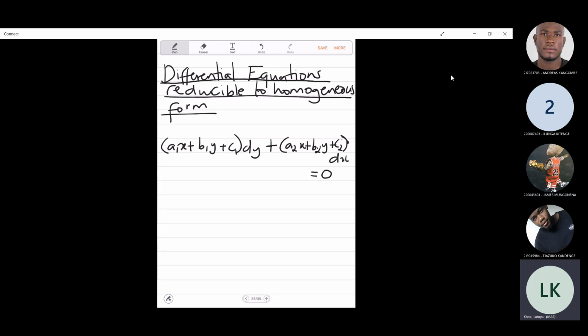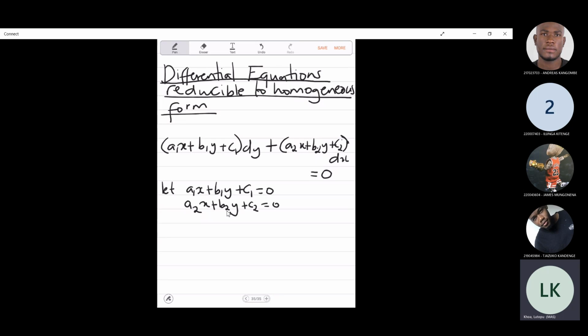Okay, now there are two ways that we will solve this, and that depends on these linear expressions over here. So what we do is we let a1x + b1y + c1 equal to 0, and also a2x + b2y + c2 equal to 0.